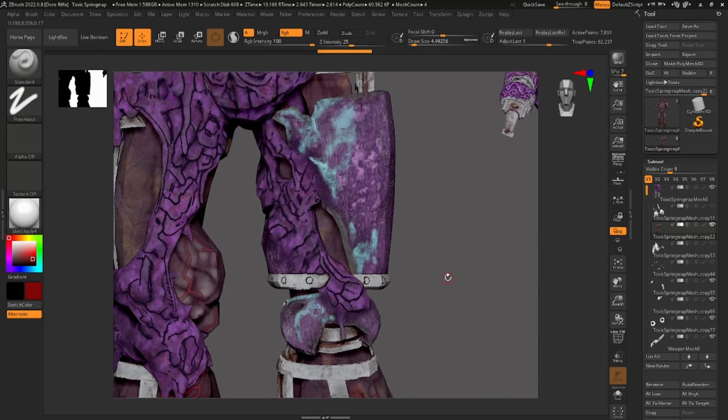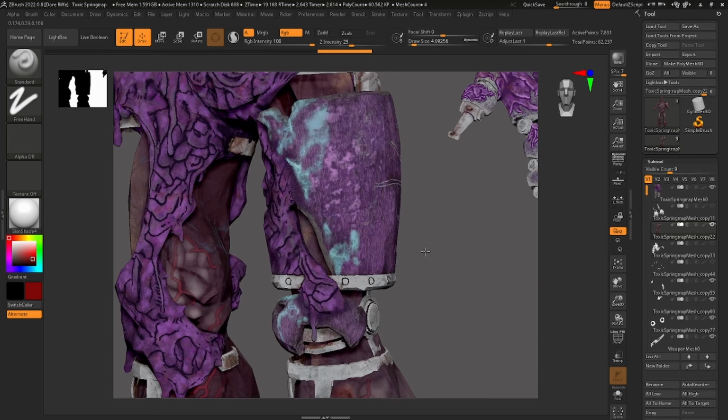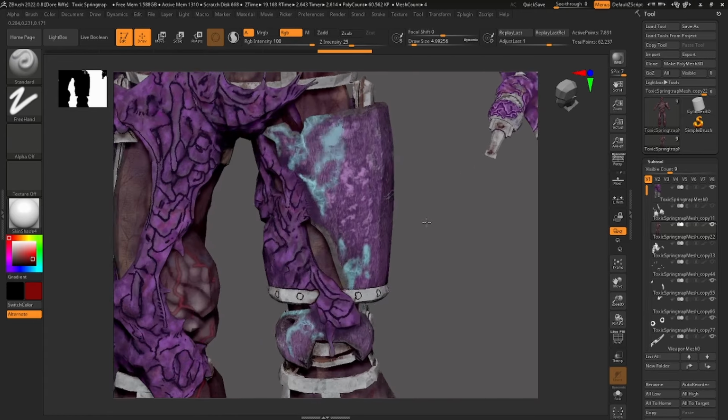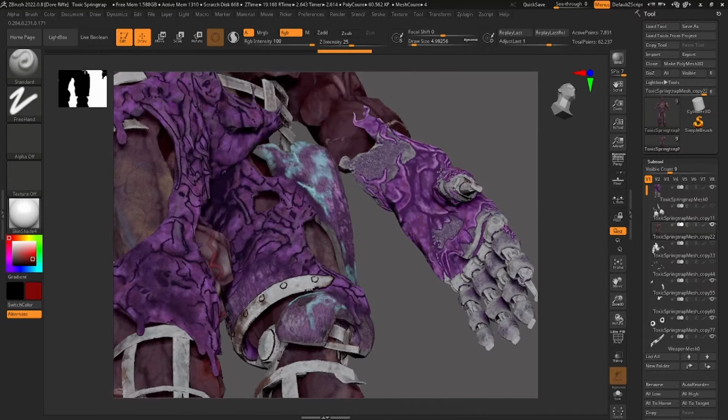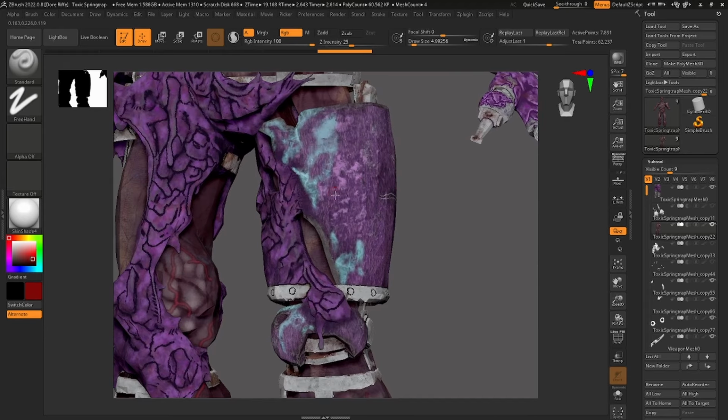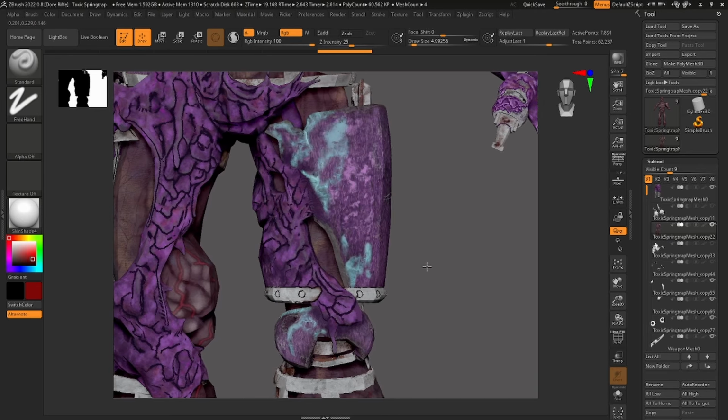Or it might be where corrosion is eating into the metal or the plastic of the spring body shell. It could be a moldy patch, or it could be the corrosion.